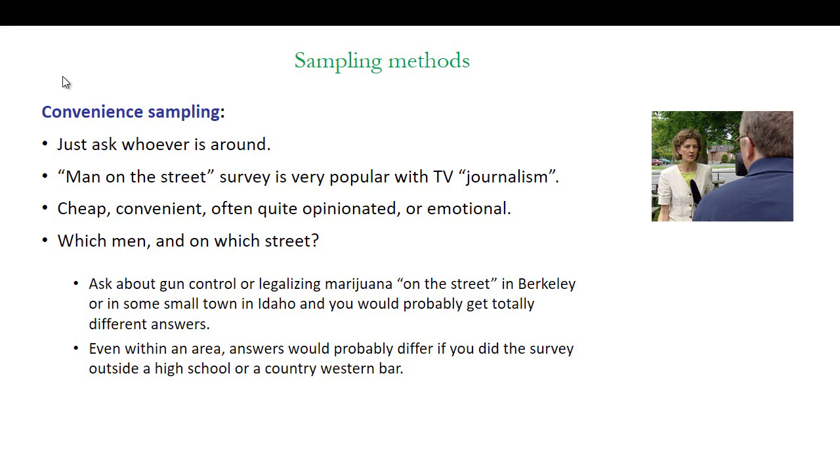Even within an area, the answer could differ if you did the survey outside of a high school or a country western bar. If we are surveying about gun control outside of a high school, the result we might see could be completely different from the result we might see in a country western bar.